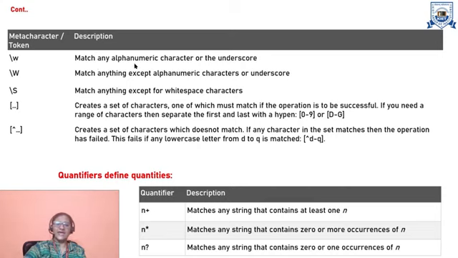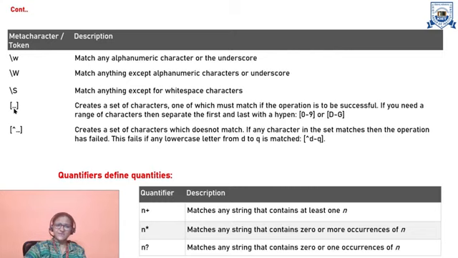It matches any alphanumeric character or the underscore, and capital \W means it will match anything except alphanumeric characters or underscore. So they are just opposite. Capital \S matches anything except a white space character.